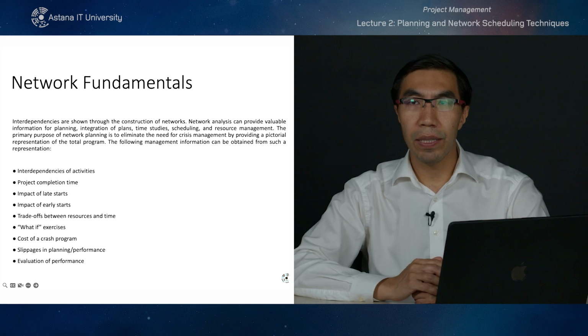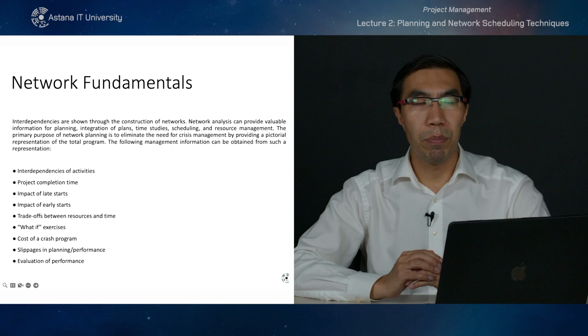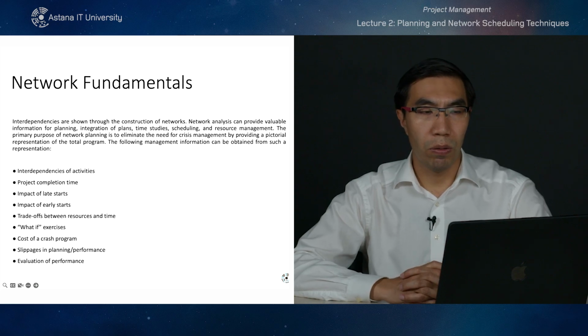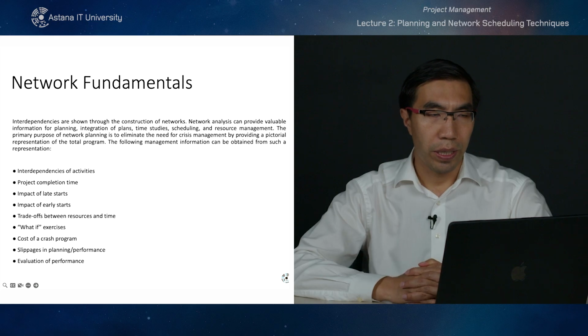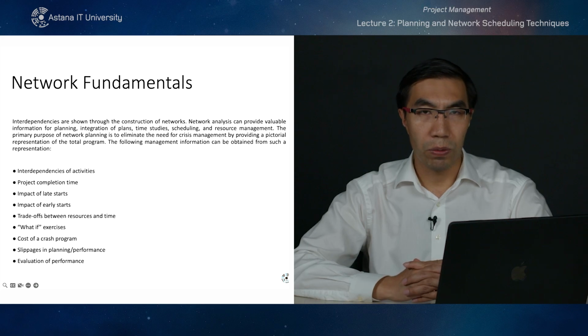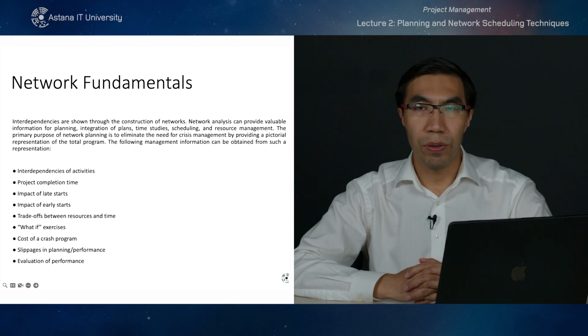As you can see, you can get a lot of information, but it depends on the level of your schedule. If you put a lot of time and effort, you can create a schedule where you can get all this information, but you need to think about what level of detail is needed for this type of project.